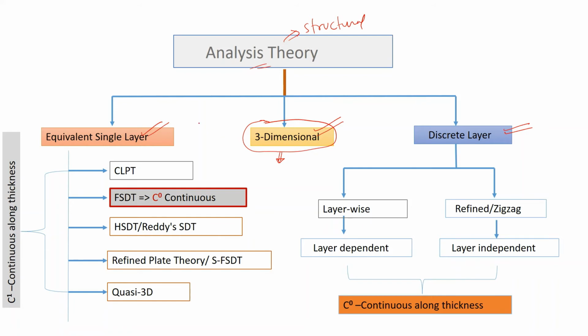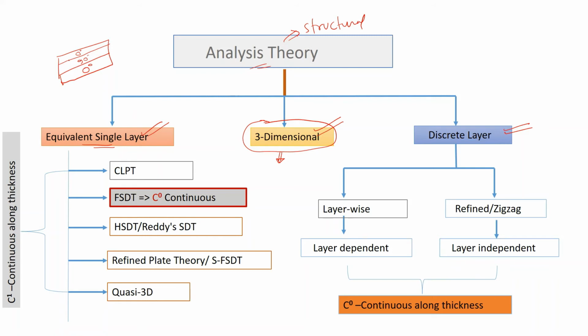There are other options: the equivalent single layer theory, and another two-dimensional theory, the discrete layer theory. First of all, we will see the equivalent single layer theory. Suppose we have a laminate with a lamina at 0 degree, another at 90 degree, and another at 0 degree stacking sequence.